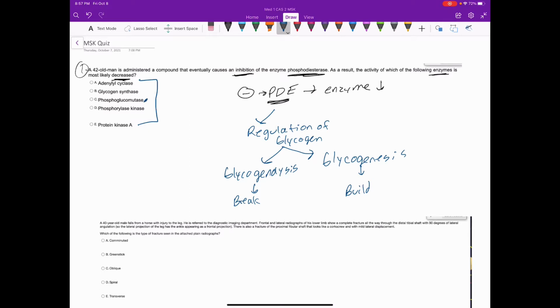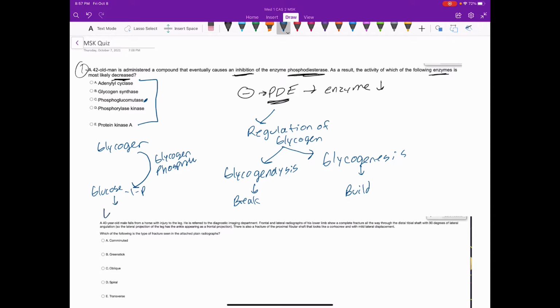Okay, so for glycogenolysis, we know glycogen is broken down, right? And then it's broken down with a glycogen phosphorylase. So glycogen phosphorylase is the enzyme. And then it's turned into glucose 1-phosphate.